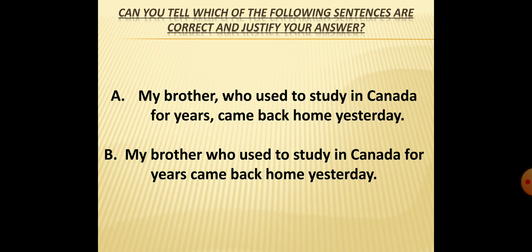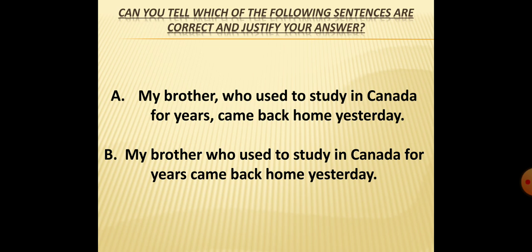A could be correct if I have got one brother. If there's only one brother, and you know that I have got one brother, then there is no need to say who used to study in Canada for years. So you can put it between two commas because it's not necessary for the meaning of the sentence.